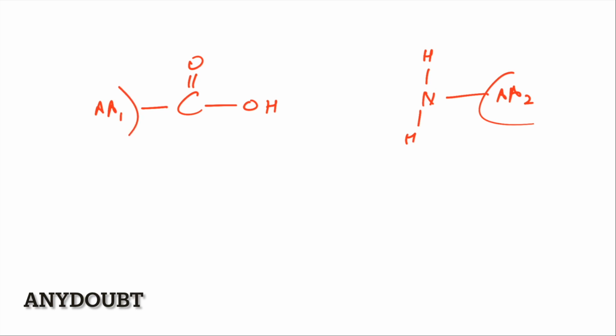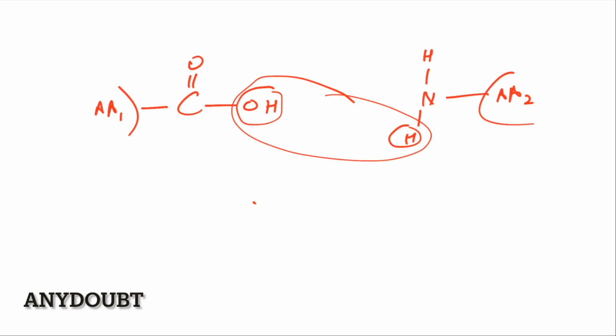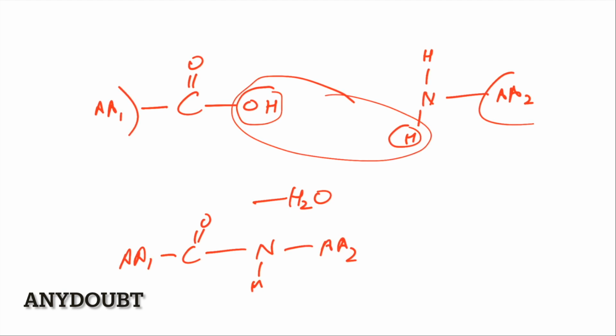That means two amino acids take part in this. So this OH and this H will be removed. So minus water, that means water is removed, and now this becomes C double bond O, N, H, amino acid second one, and here amino acid first one. And as we have read, this is known as the peptide bond.